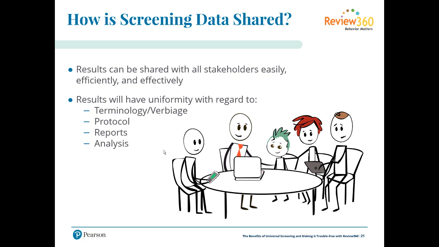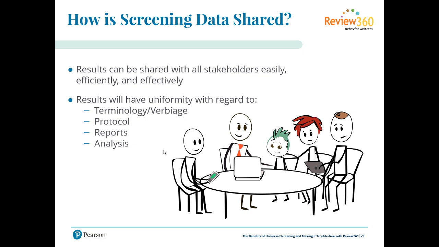You can really see that when you do it within the same system, using the same stuff, you're going to have uniformity in terminology or verbiage. The protocol looks the same. So if I have a parent who's doing it and they're filling out the form for their children, it's going to look the same. The reports that we're generating will look the same, which is nice, especially when you're having team members meet and discuss things.